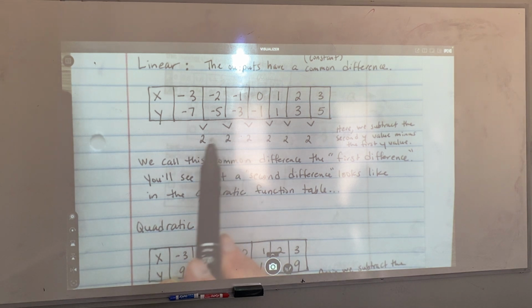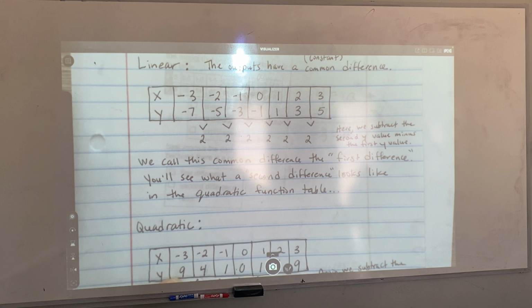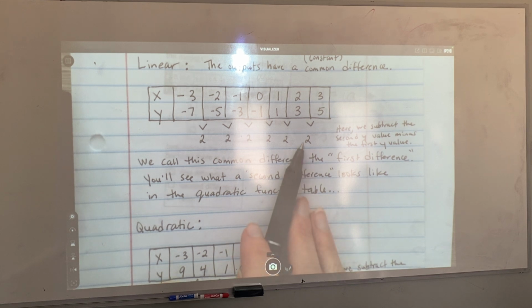And we call this a first difference. Why? What do you think calling it a first difference implies about what I'm gonna say next? It's a difference you do first. And if it's a difference you do first, then there's gonna be a second difference, right?